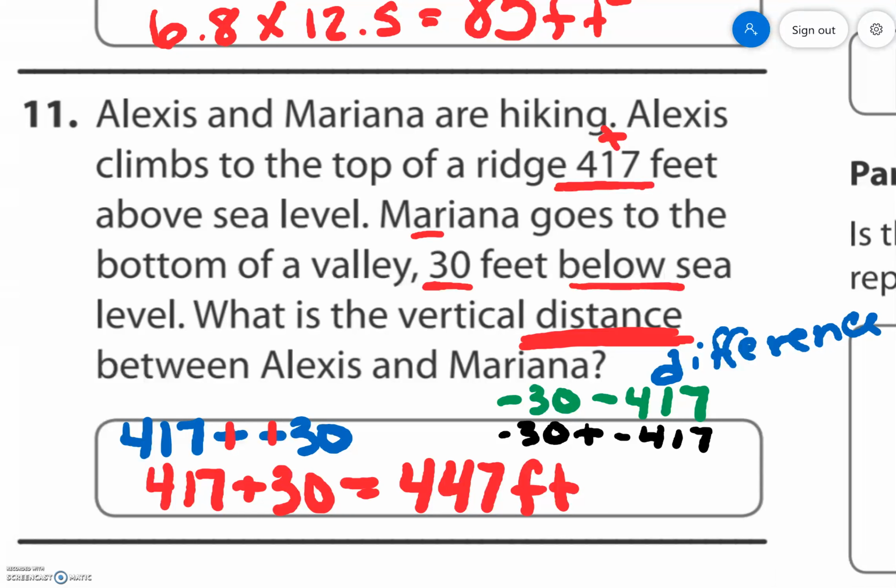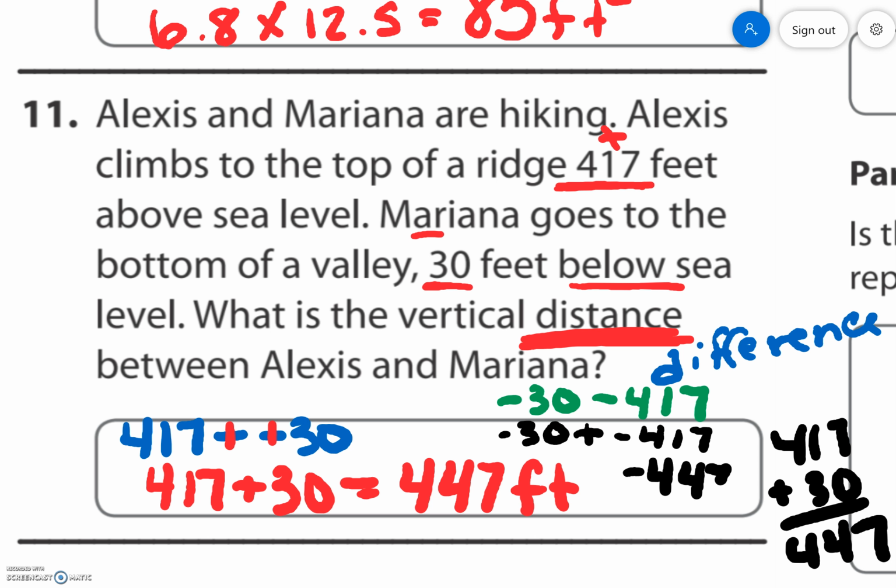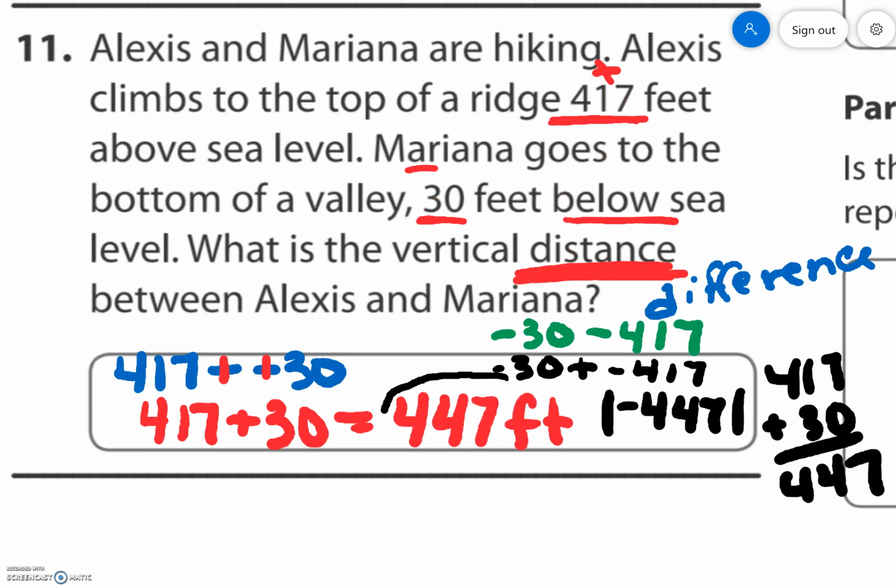Now we follow our rules of addition. Are the signs the same? Yes. So we find the sum. So we do 417 plus 30, which gives me 447. And our signs are both negative, so the answer is going to be negative. But would you ever say you are a negative distance from somewhere? No, you always use distance and positive. So that's why it goes back to positive 447.